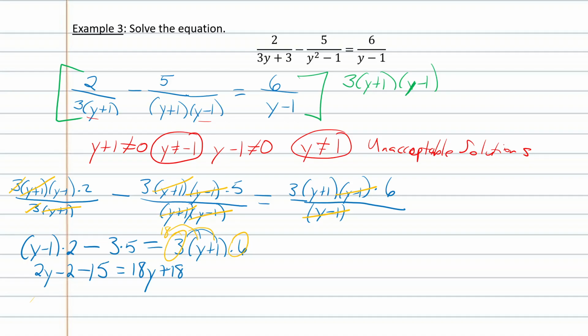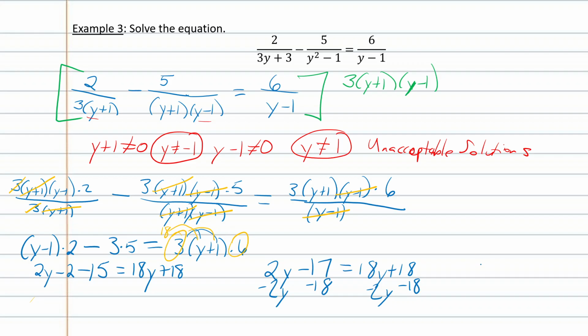Okay. Now, I can simplify a little bit more on the left-hand side here. I'm going to get 2y minus 17 equals 18y plus 18. Now, I need to get my y's together and my whole numbers together. So I'm going to subtract 2y over to the right-hand side, and then I'm going to subtract 18 over to the left-hand side.